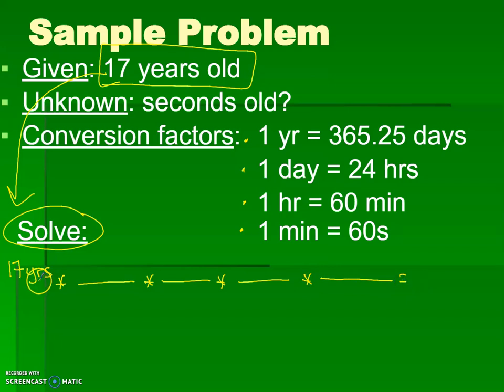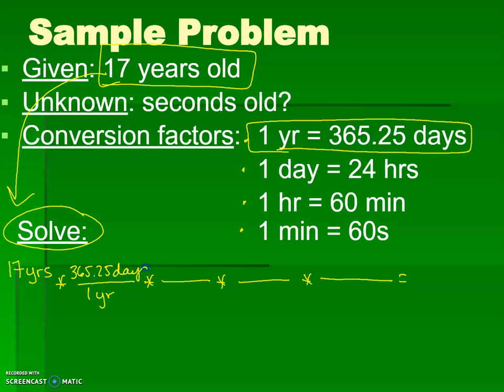I'm going to choose the one with years to start off, which means I'm going to use this conversion factor first. If I want to get rid of years, I put years in the denominator and 365.25 days in the numerator. So years and years will cancel out, and I will use that piece of information.